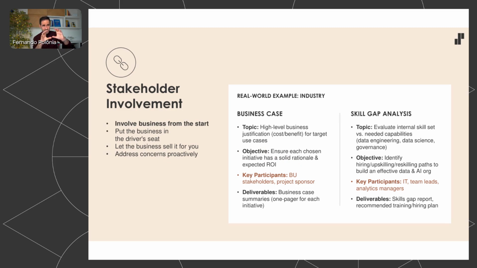Then we're considering stakeholder involvement, a piece that is so important. We are always tempted to say that it's even more important than anything else. It doesn't come first because strategy is still there and is still important. But this is really important, involving the business from the start. And I cannot tell you how many times we have faced customers that have data initiatives driven by IT teams, period.